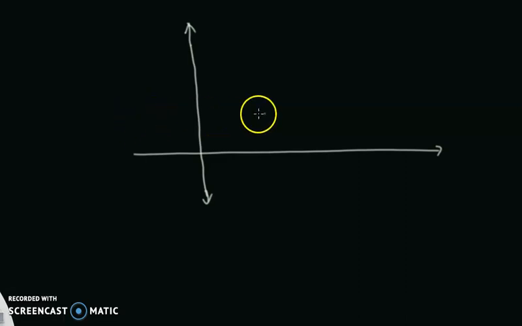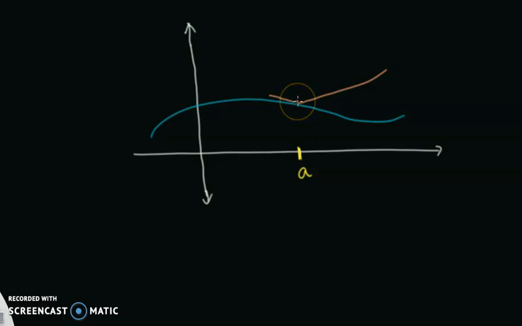Let's first settle some point A. Now suppose you have a function h in this way, and then another function g, and a third function, f.